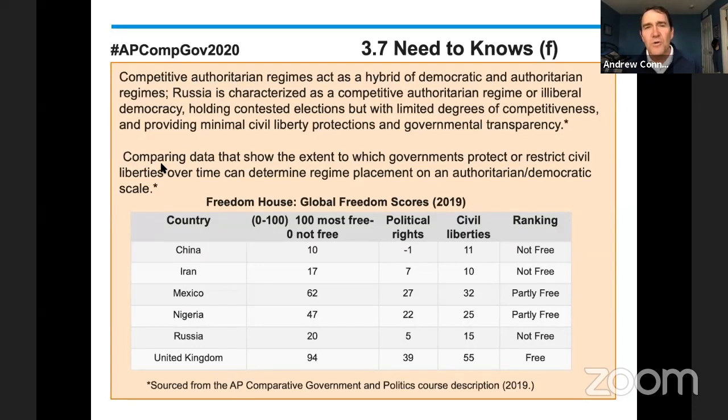And there's no data that's used more often in AP Comparative class than Freedom House, which is an American entity and actually gets some of its funding from the US State Department, which leads us into some questions on, what are the biases of this? And those are fair to talk about. But this is data that's commonly used by political scientists to assess the degree of freedoms or the degree of restrictions that we see in countries all over the world.